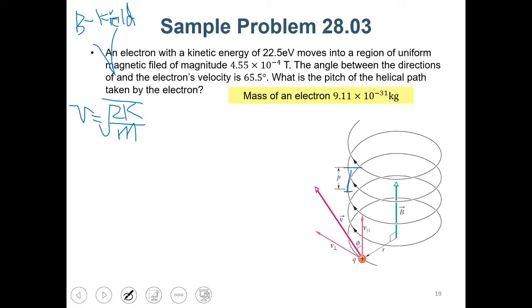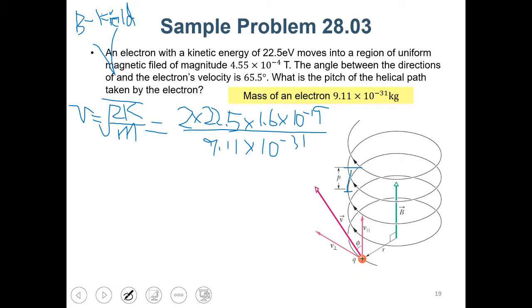The kinetic energy is 22.5 times 1.6 times 10 to the minus 19, over the mass of the electron, 9.11 times 10 to the minus 31, and take the square root. So it is 2.81 times 10 to the 6 meters per second.